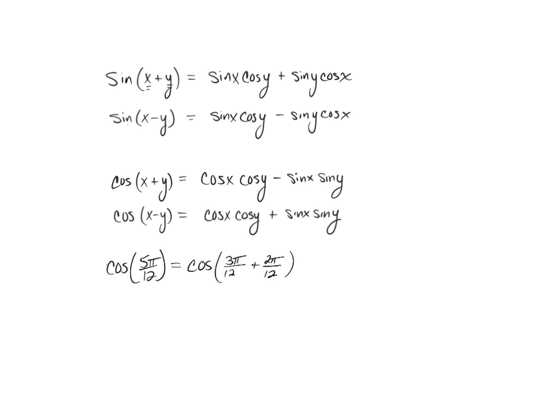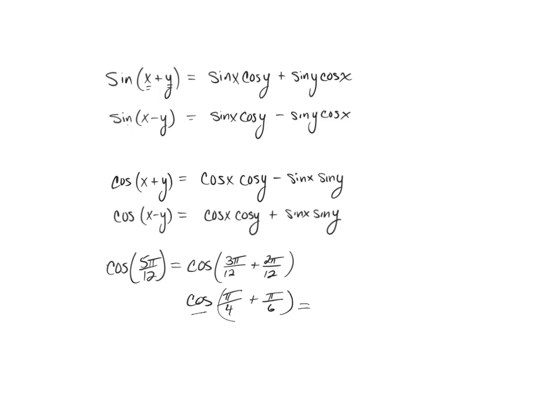And both of those angles are on the unit circle. 3 pi over 12 is pi over 4, and 2 pi over 12 is pi over 6. So you'd have to realize first that you can break it into 3 pi over 12 plus 2 pi over 12, then reduce both of those to pi over 4 plus pi over 6.